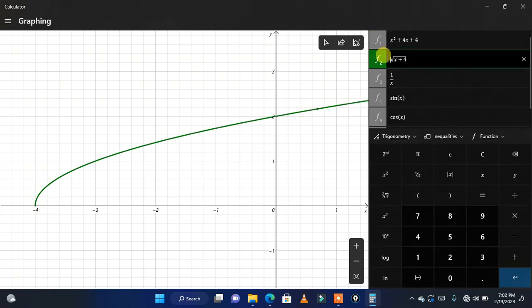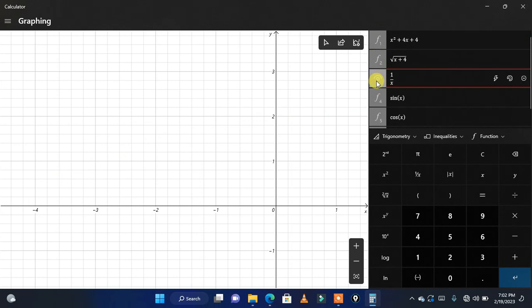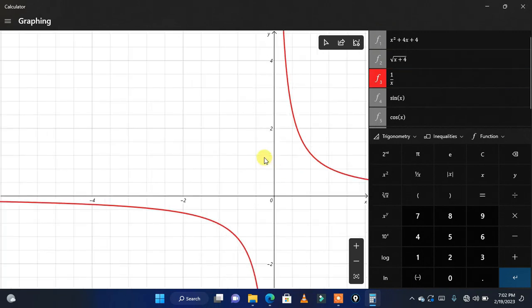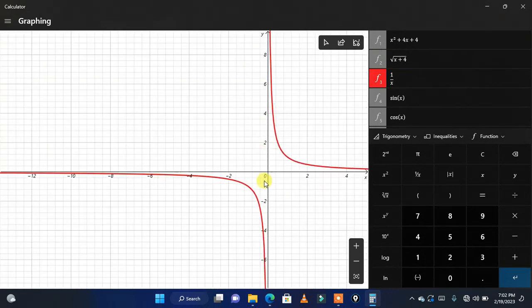So let's quickly go to this other curve. Looking at it critically, you realize that it has some form of discontinuity, which means it's not a continuous curve. For this function to be valid, we need to ensure that the x value is not equal to 0, or else it will be undefined.